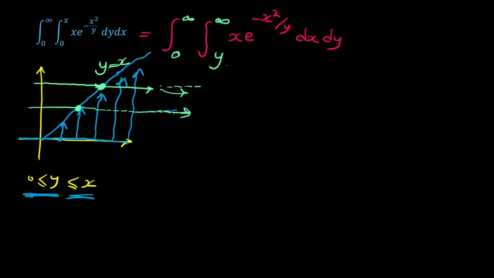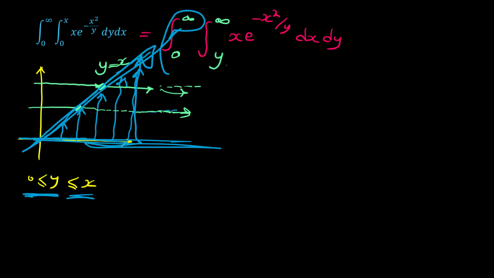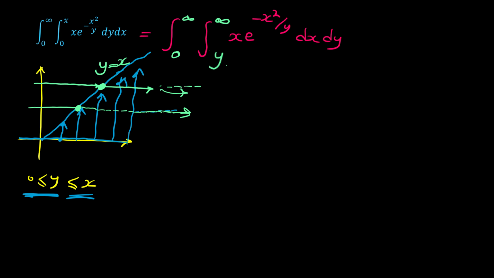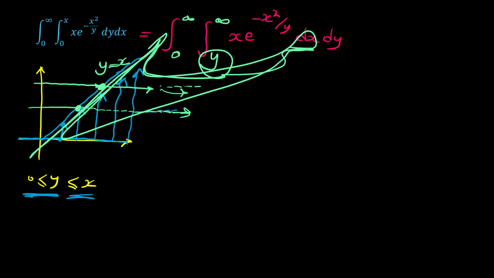Don't make this mistake of thinking that y also starts from 0 and ends at this line. No. For the outer integral, you always have to write numbers or infinity. But for the inner integral, we can have functions. x is from y, which is this line. x equals y is this line.